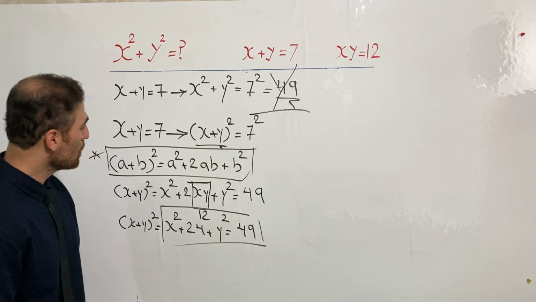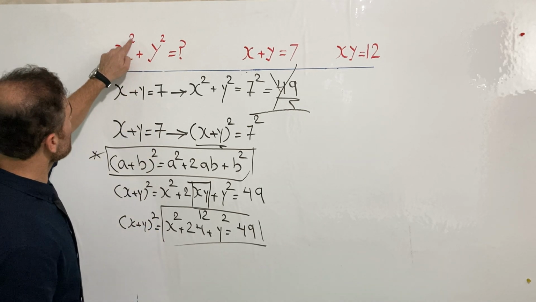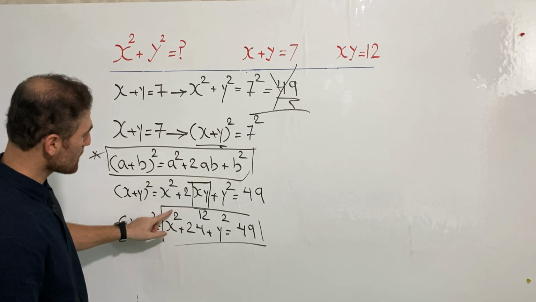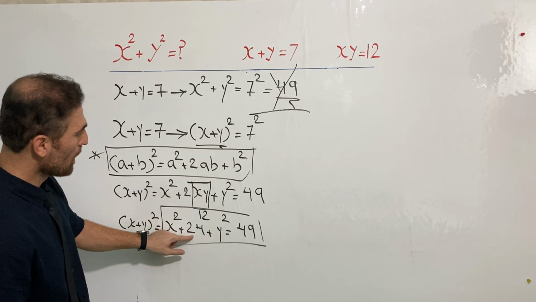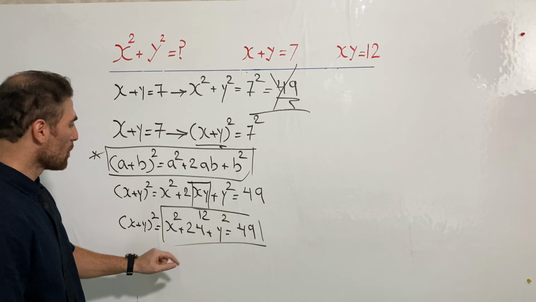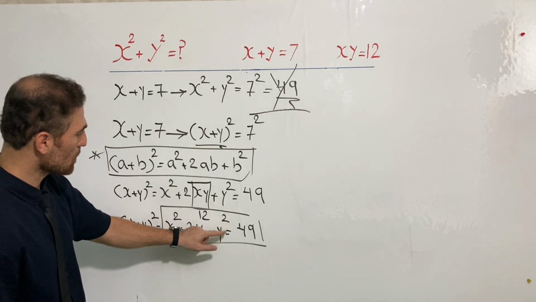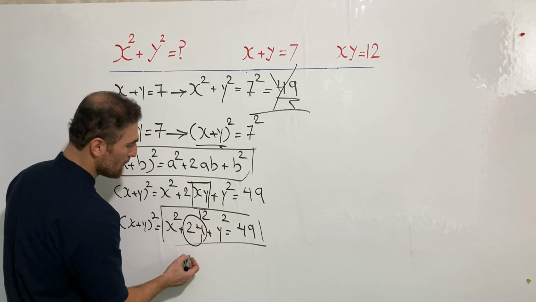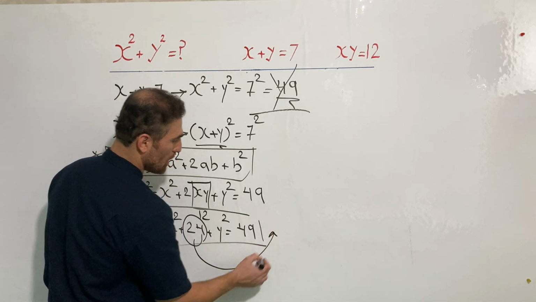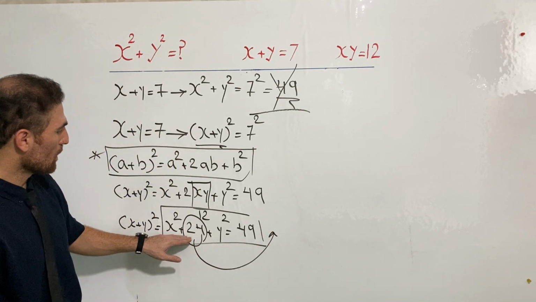Good job. But the question says find the value of x squared plus y squared. Here we have x squared plus 24 plus y squared. To find the value of x squared plus y squared, it is enough to transpose this 24 to the other side and change the sign of 24.